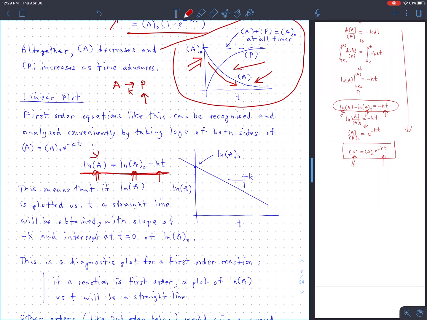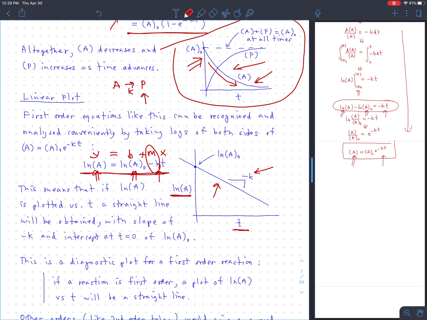If we call this quantity y and this quantity b, and if we think of t as x, then we have y equals mx plus b. That's the equation for a straight line, which means that if we plot the logarithm of A versus time, we should get a straight line, and the slope of that straight line should equal minus k.